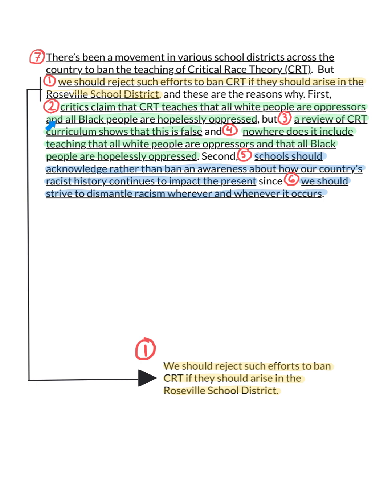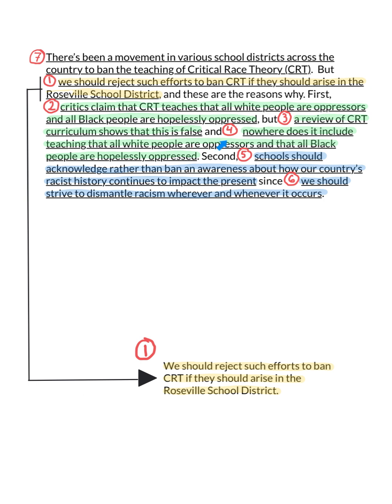Claim 2 reports what the critics of critical race theory say about it, specifically that critical race theory teaches that all white people are oppressors and all black people are hopelessly oppressed. And then claim 3 asserts that this criticism in 2 is false, that the critics are wrong about CRT.